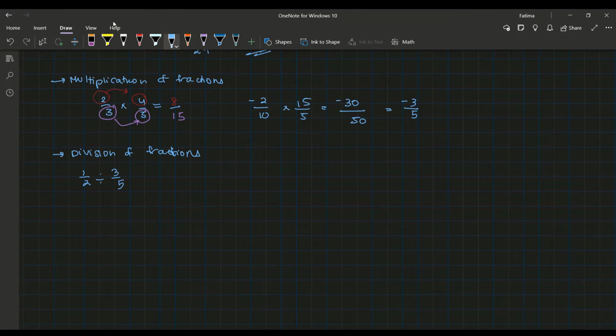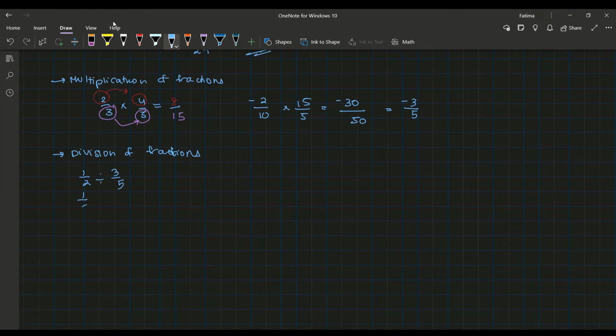If you don't know what reciprocating is or making a reciprocal, I suggest watching the first numbers video lesson, because there I cover what reciprocals are. But essentially, to make a reciprocal, you would simply have to flip the fraction. So you always reciprocate the second fraction when it comes to division.